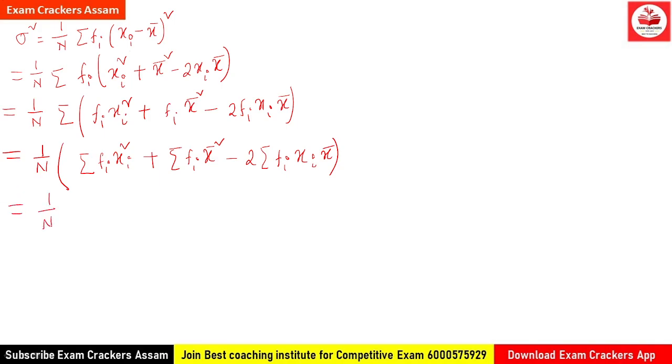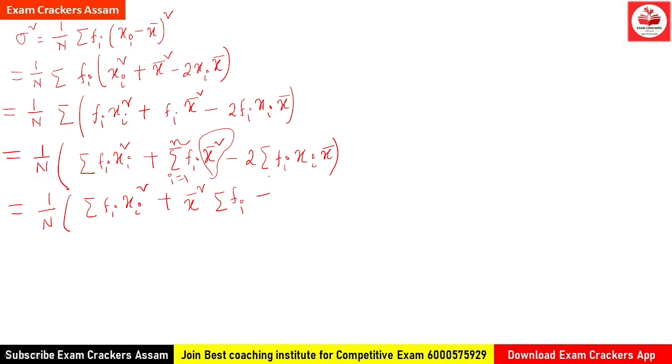So this is 1 by n summation fi xi square plus, now see, here summation i goes from 1 to small n. This term is independent of i, so with respect to this summation we can treat it as a constant. So we take the constant outside the summation, then summation fi.